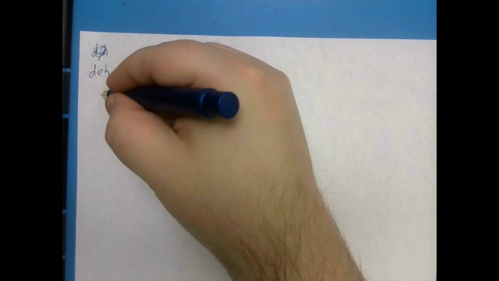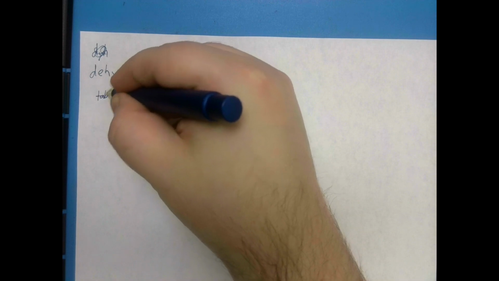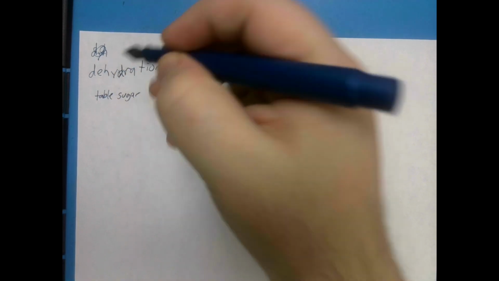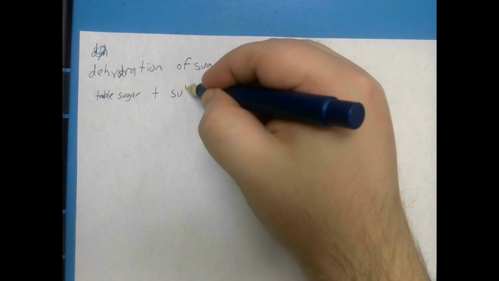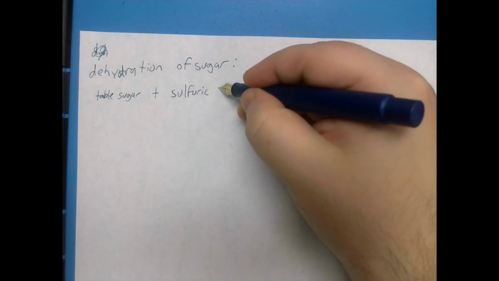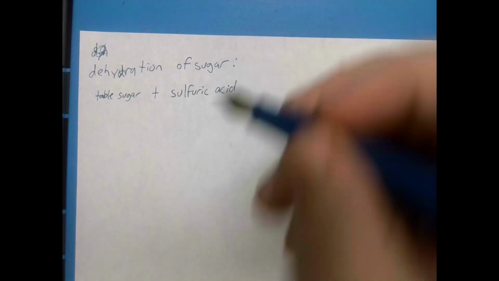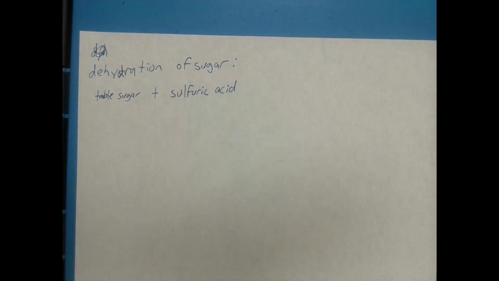So we take sucrose, so table sugar, and react it with sulfuric acid. The sulfuric acid has to be highly concentrated.